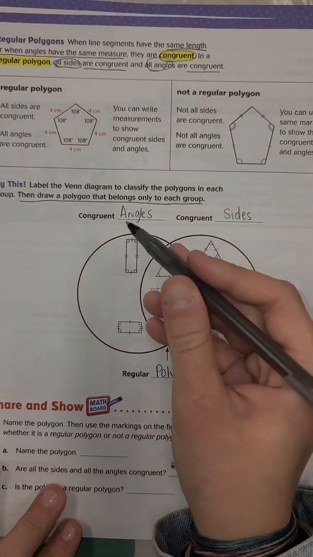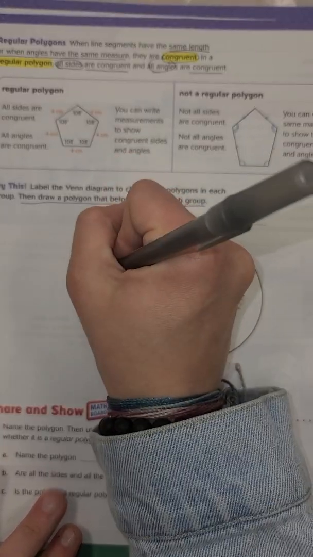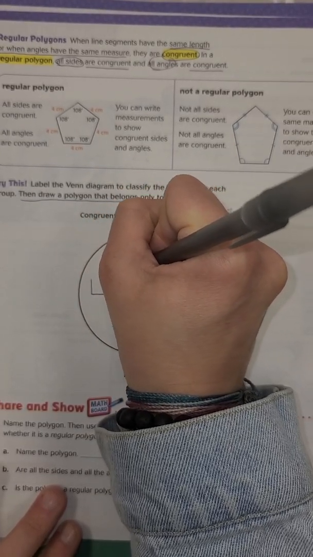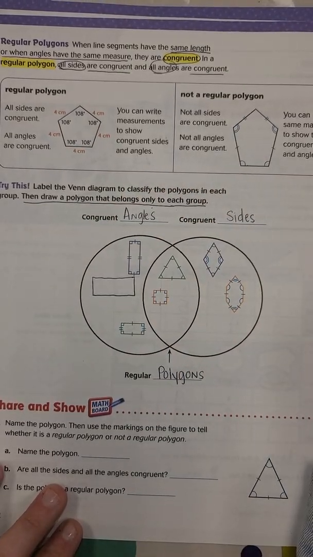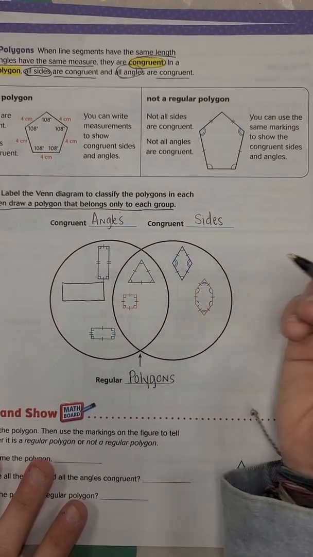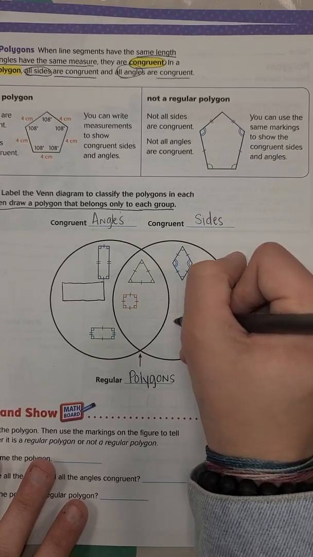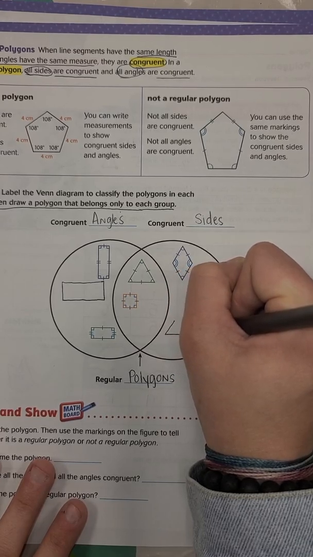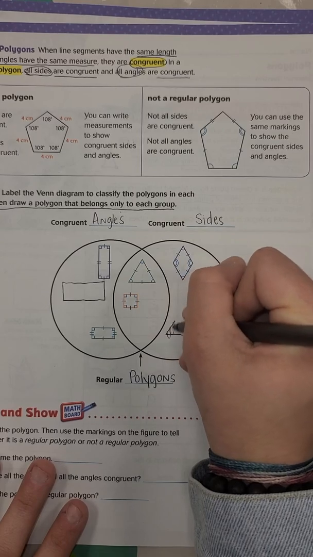So this one, it has regular angles, so we could put another rectangle as long as it has 90-degree angles. This one we could do an equilateral, not equilateral triangle because that would be a regular polygon, excuse me.